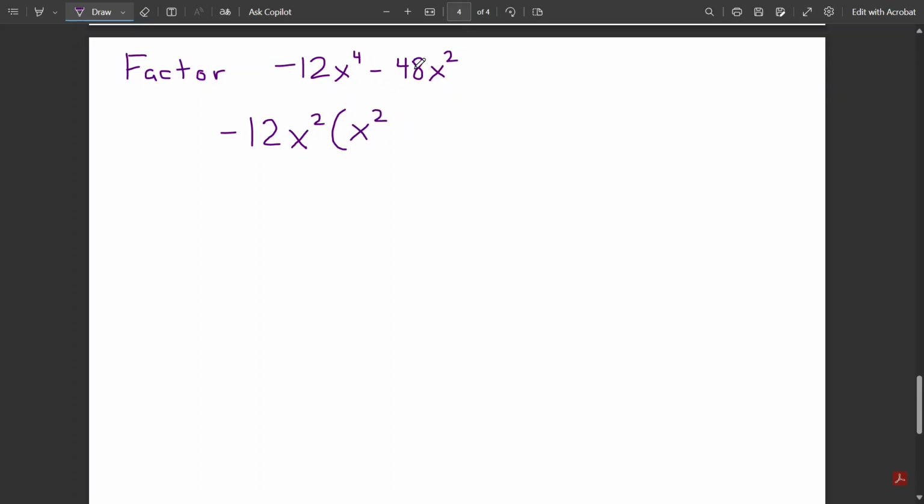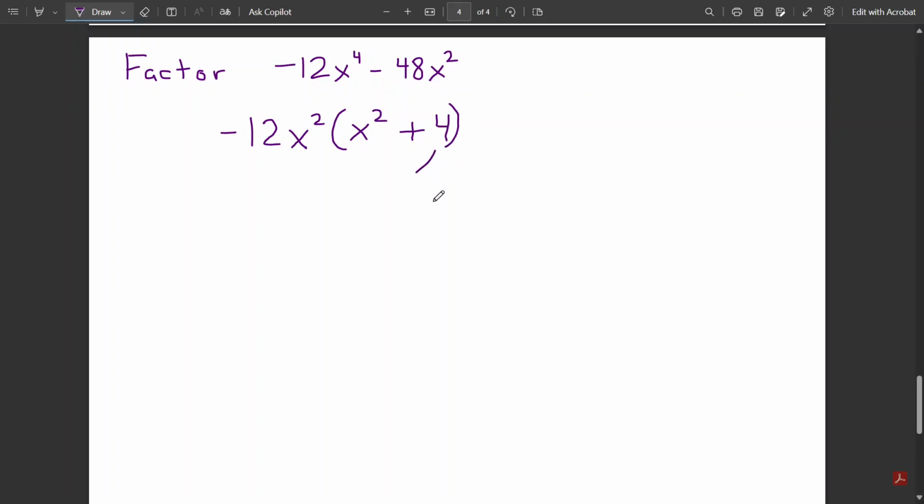And then negative 48 divided by negative 12 is positive 4. And x squared divided by x squared is 1, so 4 times 1 is just 4. Okay, so we factored out this negative 12x squared. That's the greatest common factor. Now, in terms of having real number factors here, we can't go any further.